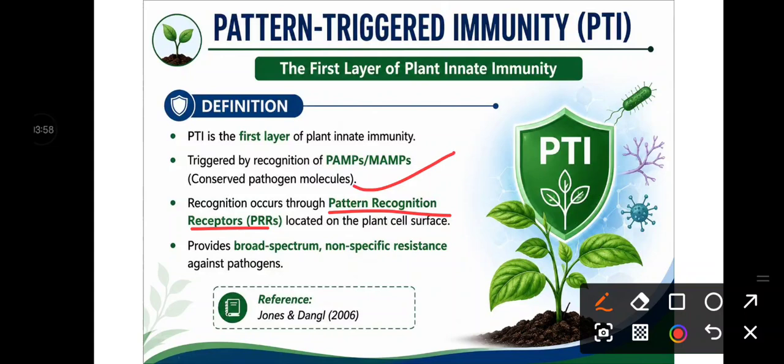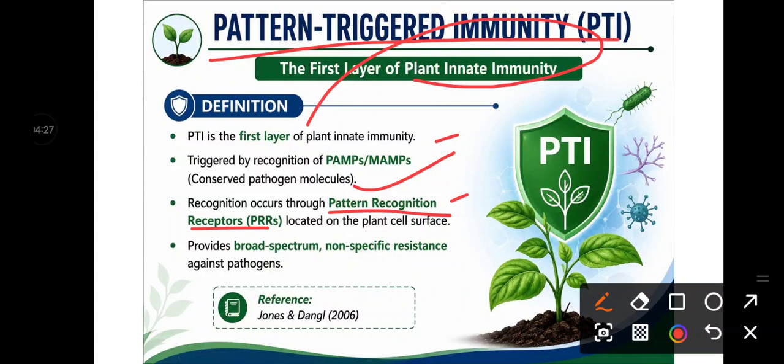So when a pathogen comes in contact with the plant, the PAMP or MAMP molecules are recognized by the plant receptor, the PRR, and in turn it activates the first layer of plant innate immunity, the pattern triggered immunity or PTI.